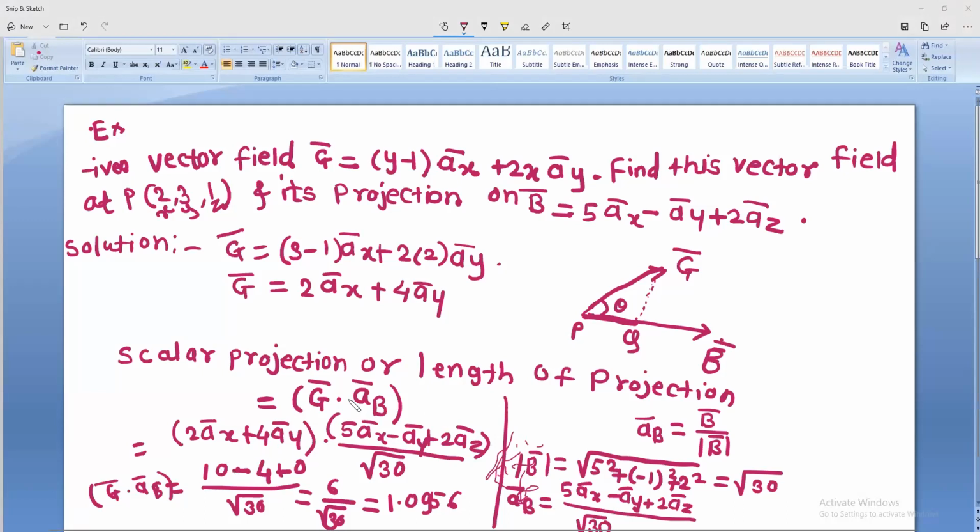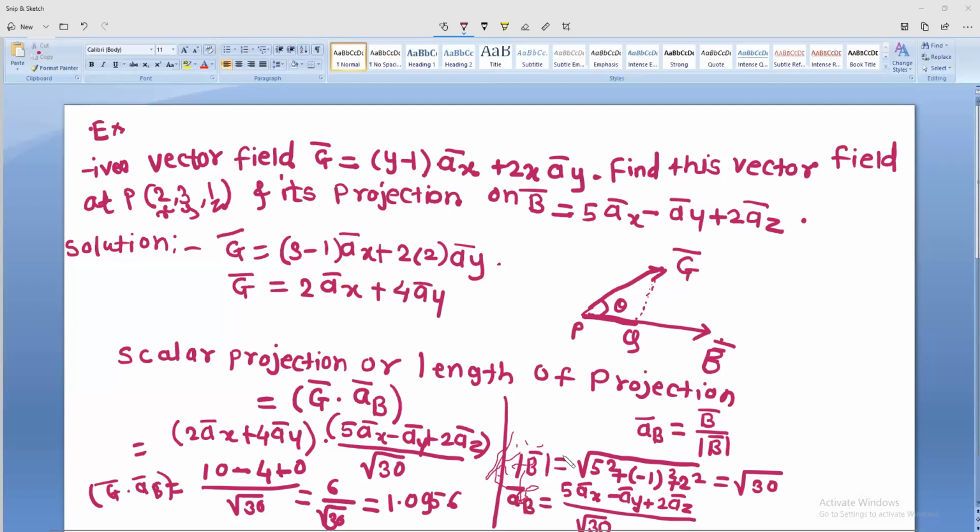So we have to first find G bar, we already found, but we have to find the unit vector A bar B. So unit vector is equal to vector divided by its magnitude. So A bar B is equal to B bar divided by mod of B bar. Now B bar is given, but we have to find the magnitude of vector B bar.